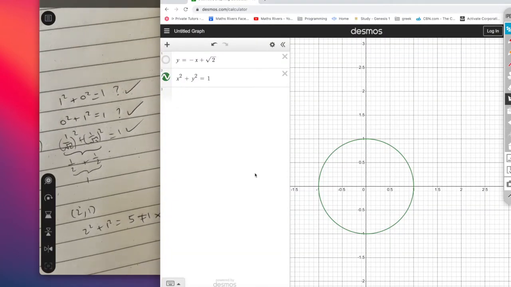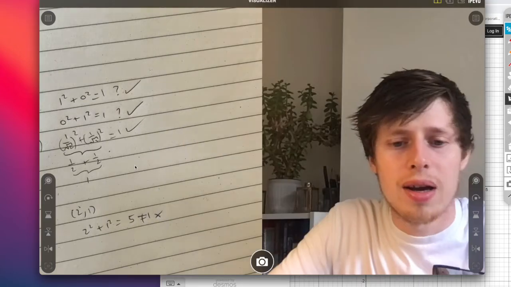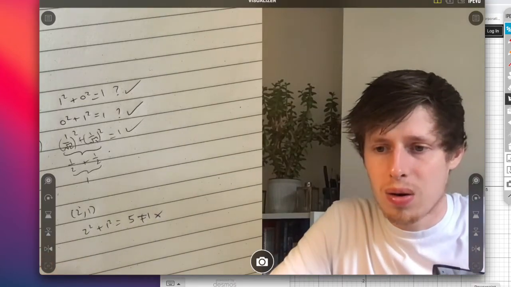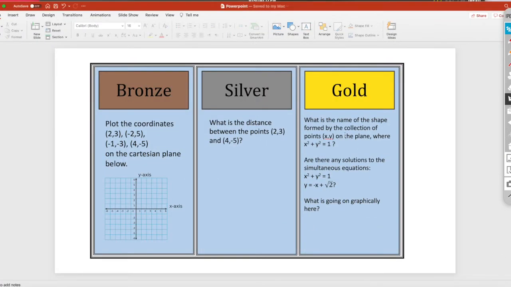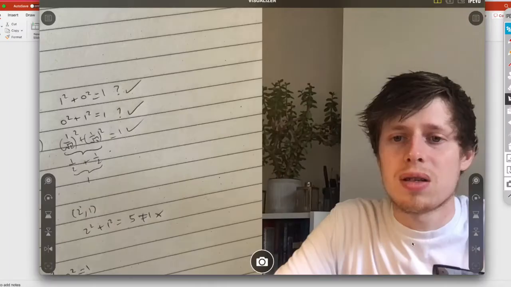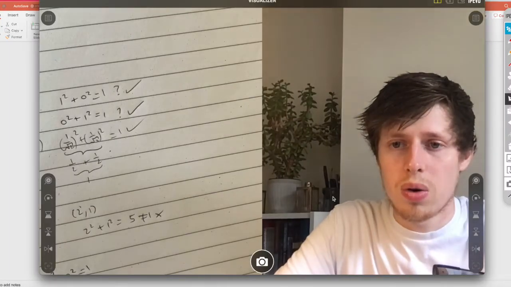Okay, let's move on. So the question says, are there any solutions to the equation x squared plus y squared equals 1 and y equals minus x plus square root of 2? And what is going on graphically here? So it's asking us, first of all, if there are any solutions to this equation.